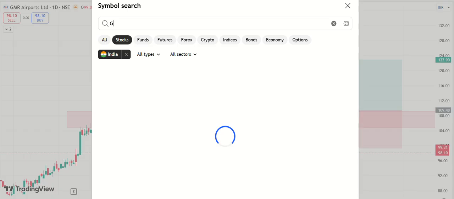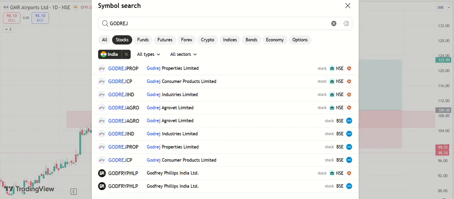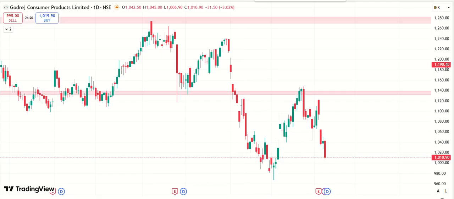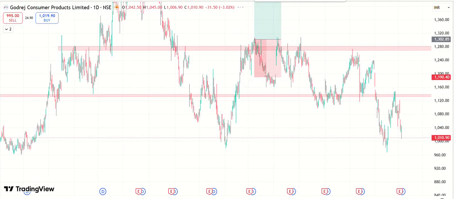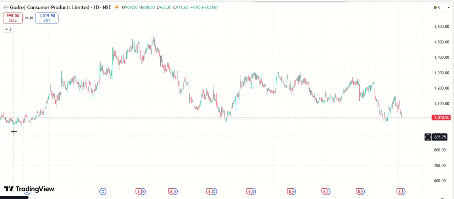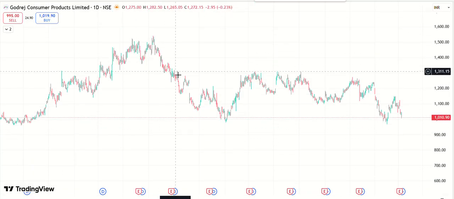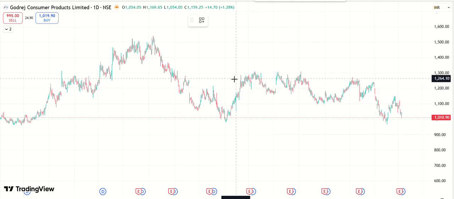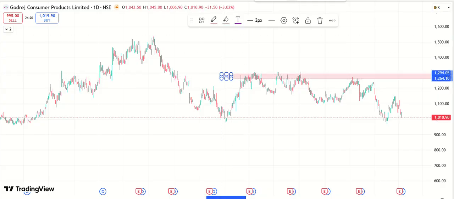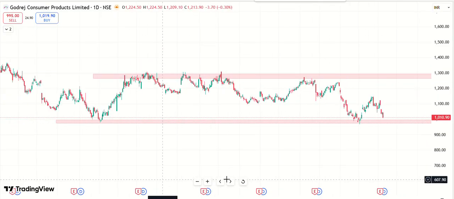Moving on to the next one, Godrej Consumer Products. They were already analyzed, and there was a loss there. Now they are actually in an uptrend, came back, went into a downtrend and consolidation.